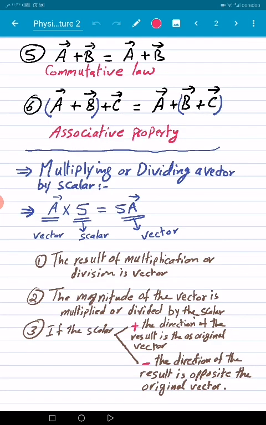Number 5, factor A plus factor B is equal to factor B plus factor A. Here I made a mistake, so that means factor A plus factor B is equal to factor B plus factor A. خاصية الإبدال, commutative law.